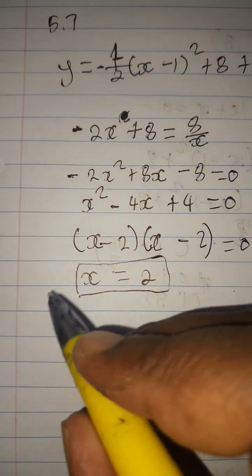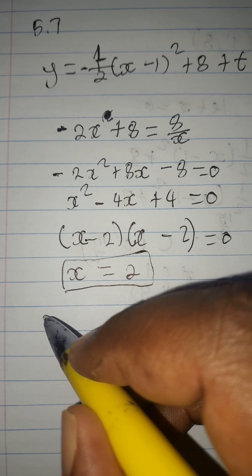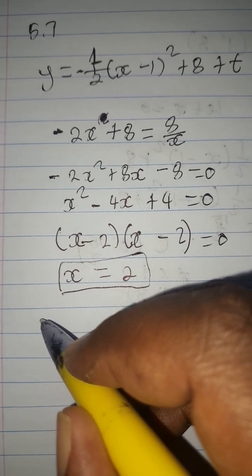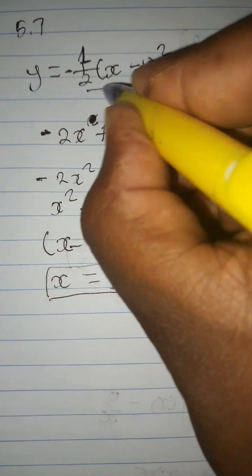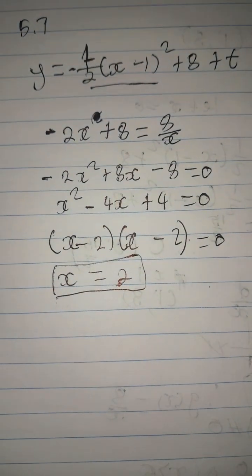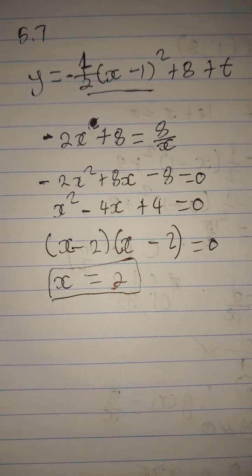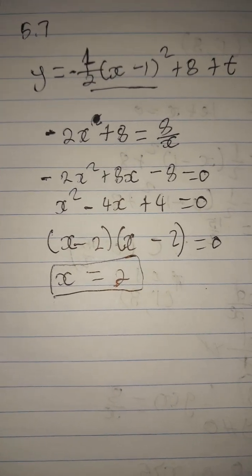Then you go back to the equation of f. Take this 2 and substitute here. So okay, let's punch our calculator. Wherever there is x, put 2. What are you getting?